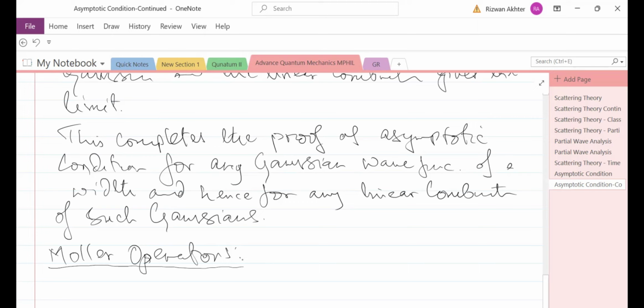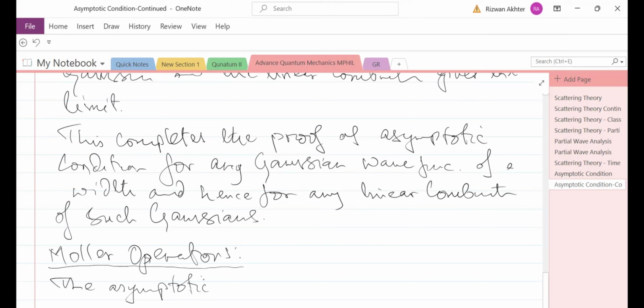Now the asymptotic condition basically guarantees that psi in, in some Hilbert space, is in fact the in asymptote of some actual orbit, and similarly psi out in some Hilbert space is the out asymptote of some actual orbit. This is in fact guaranteed by the asymptotic condition. So what the asymptotic condition guarantees is that psi in and psi out are the limiting values of the actual orbit.